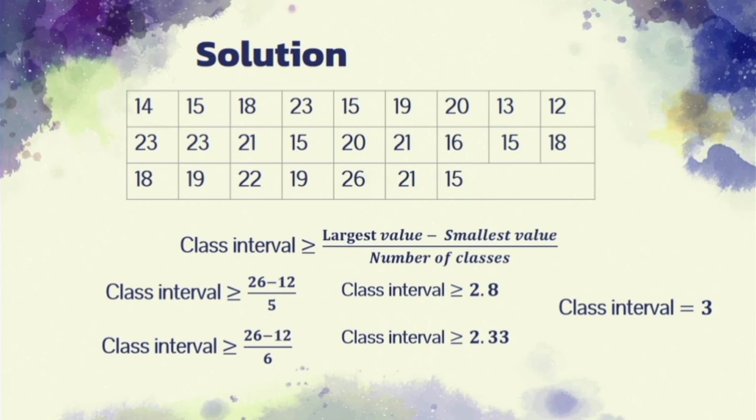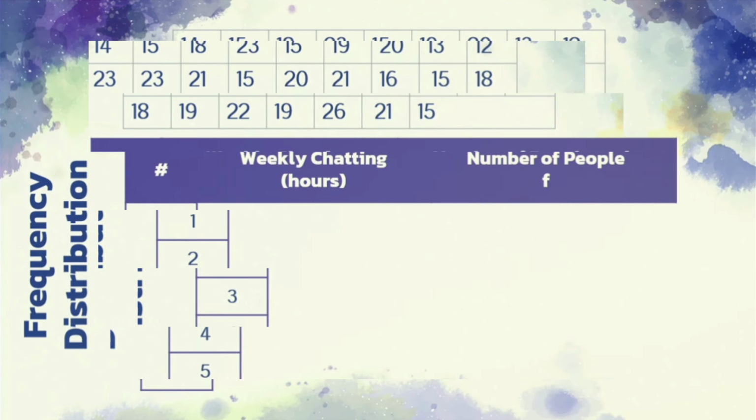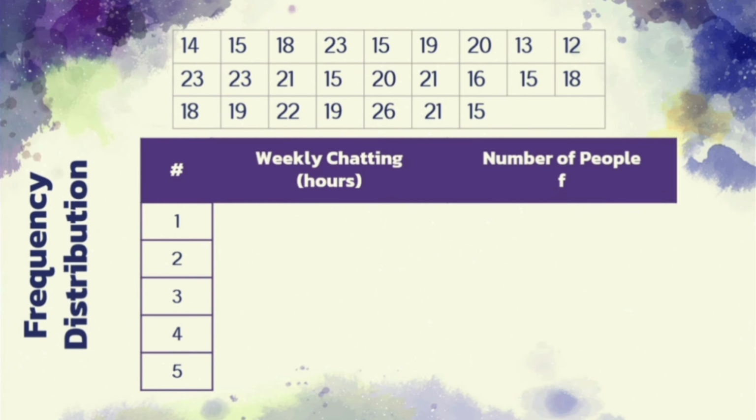So only if all our data is not covered within 5 classes with a class interval of 3, we can then use 6 classes. The variable is weekly chatting of people in hours. Let's start with the smallest observation in the dataset, that is 12. Then add the class interval to the smallest observation to get the lower limit of the second class.